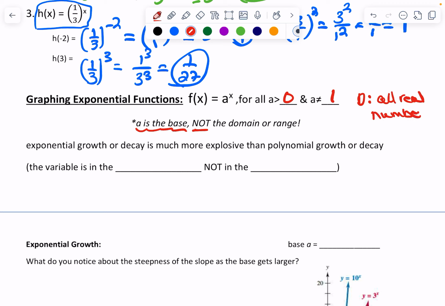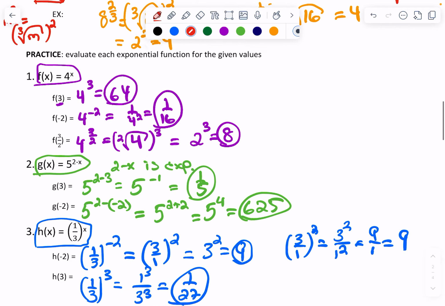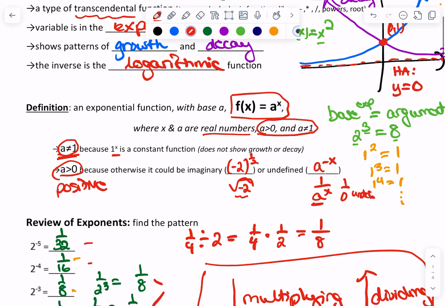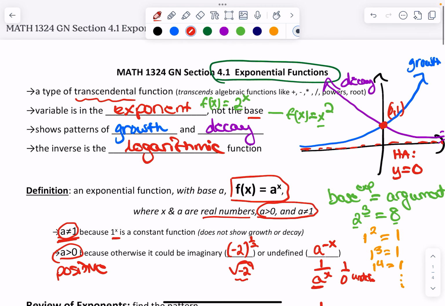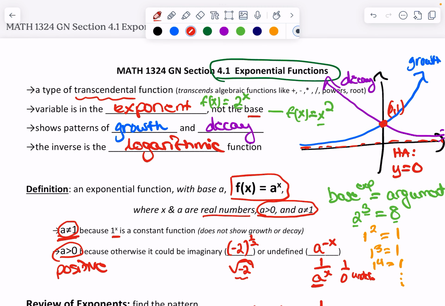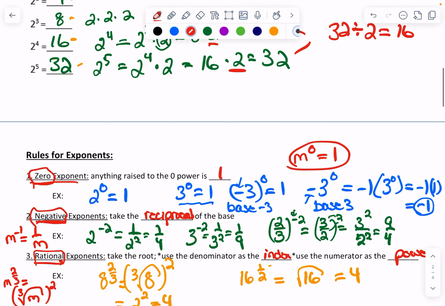If we go back and look at the sketches that we did in the beginning, both of these keep going from -infinity to infinity. So they keep spreading out. So the domain is all real numbers.